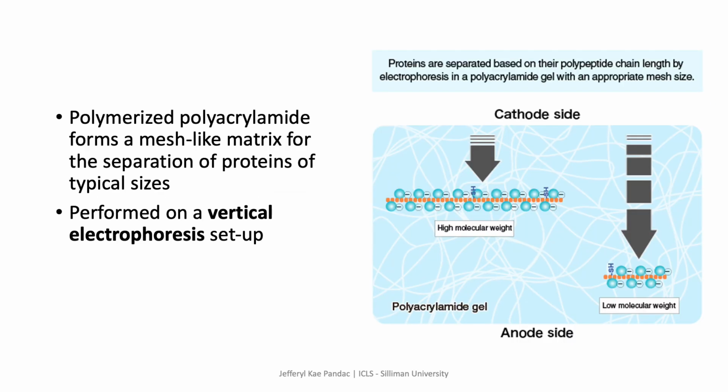Meanwhile, polyacrylamide provides a matrix for the polypeptides to run for their separation. Polypeptides run towards the positive electrode, or the anode, through the gel when electric field or electric current is applied. SDS-PAGE is performed using vertical electrophoresis setups, unlike the horizontal setups of the nucleic acids.